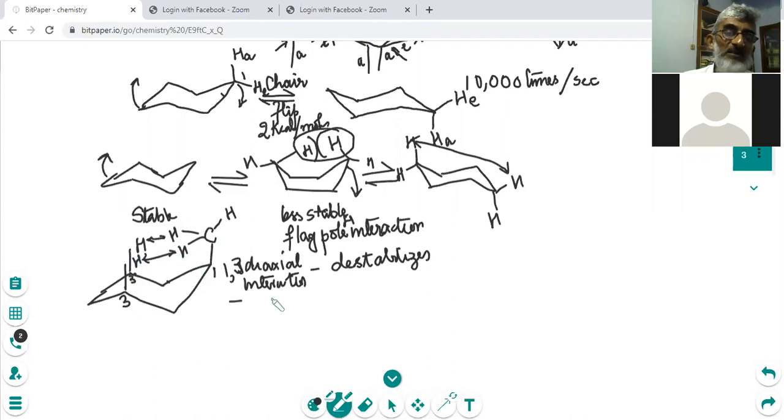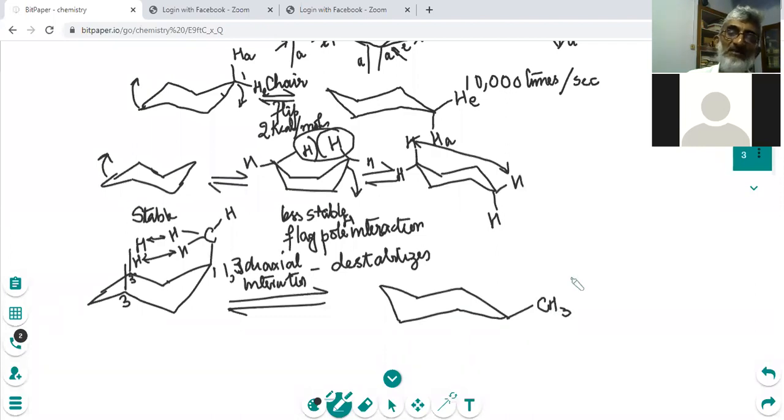So what will happen? They will undergo chair flip. I told you that during the chair flip, axial will become equatorial, and equatorial will become axial. Now see here, the CH3 will come here. So there is no interaction.